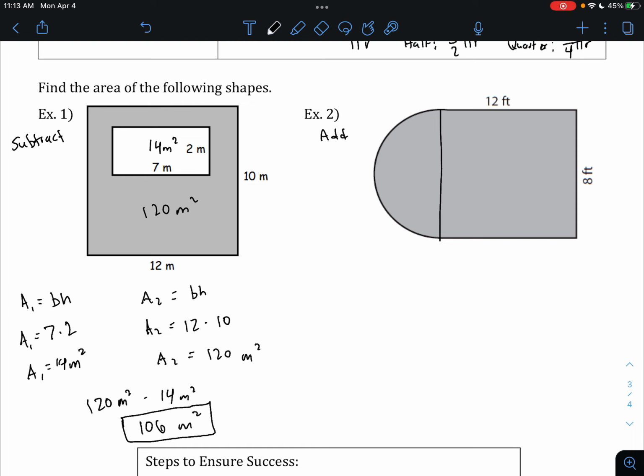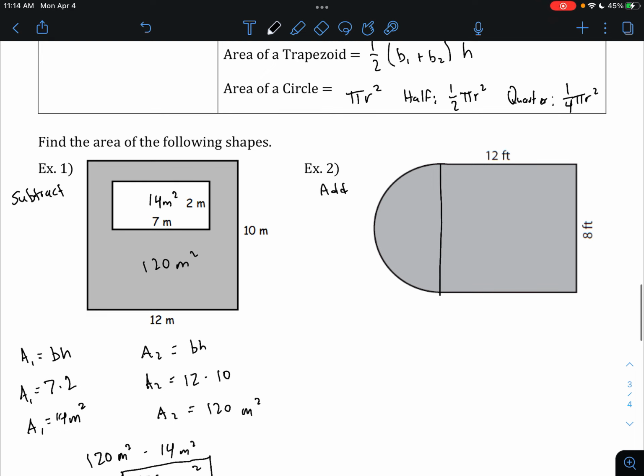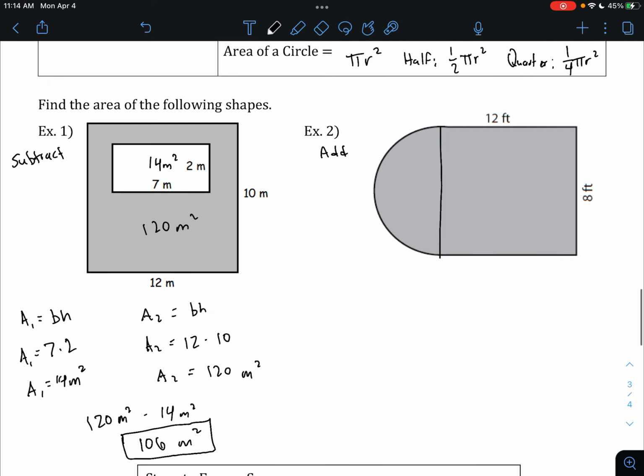Now our first shape, the first shape on the left, let's just go with that, is a half circle. And we know that the area of a half circle is half pi r squared. So area of the first shape equals 1/2 times pi radius squared.